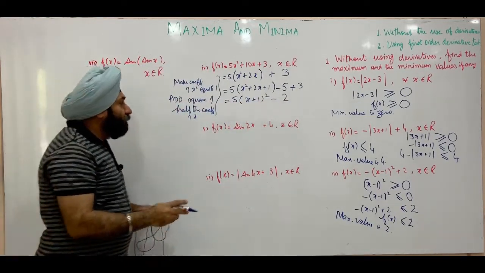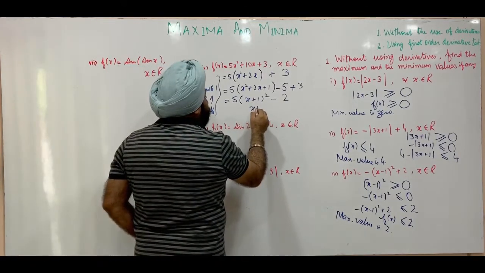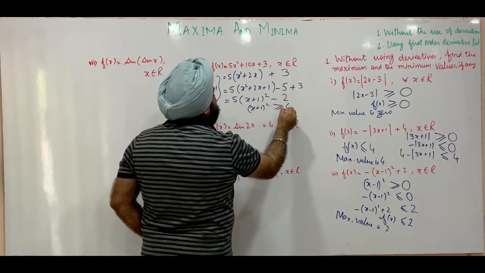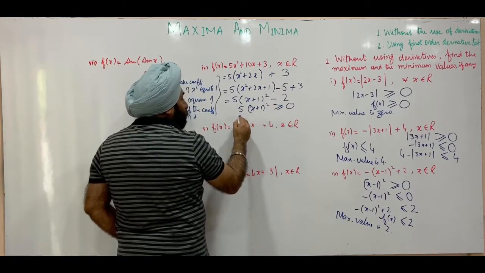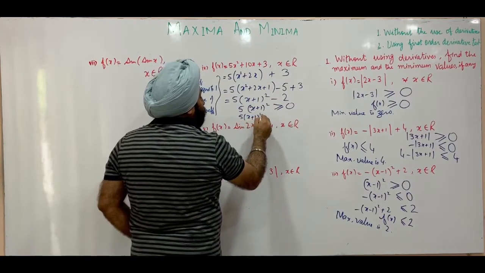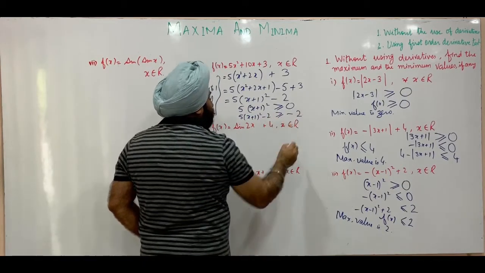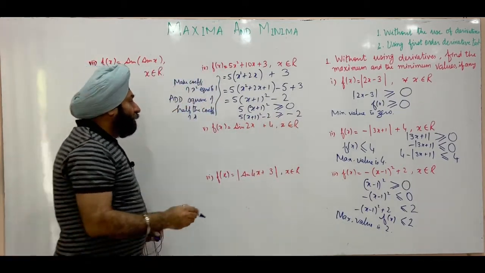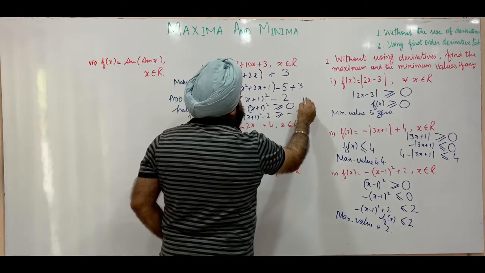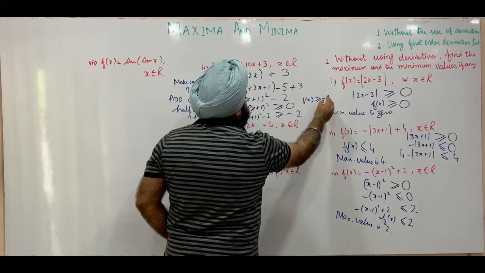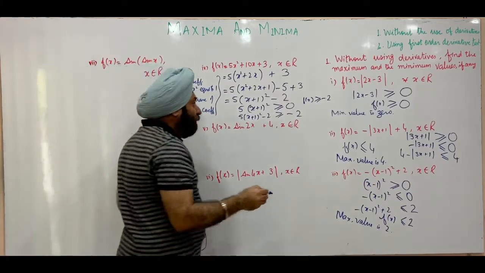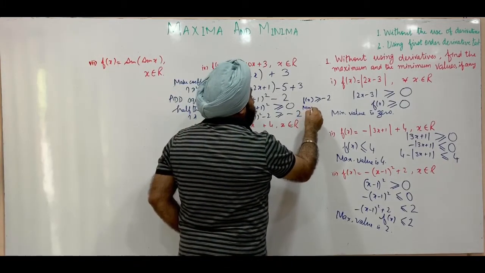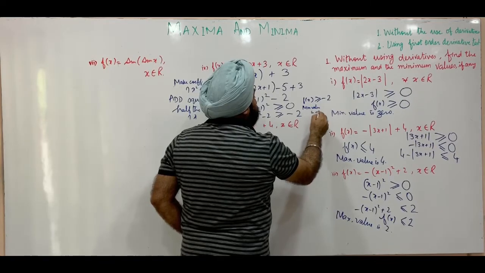So what do we know about the square term? It's always positive. 5 times this will be positive. Subtracting 2, 5 times x plus 1 whole square minus 2 is greater than or equal to minus 2. So what do we get? We have f of x greater than or equal to minus 2. So what is minus 2? Minus 2 is the minimum value. So the minimum value is minus 2.